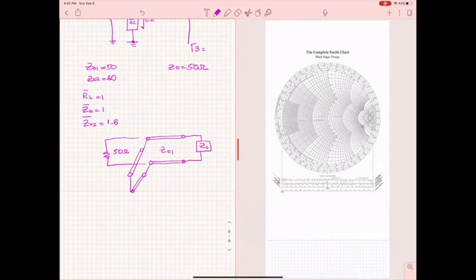And it looks like this. Let me do it a little better. Okay. And this has length, this one L1, and this one L2.